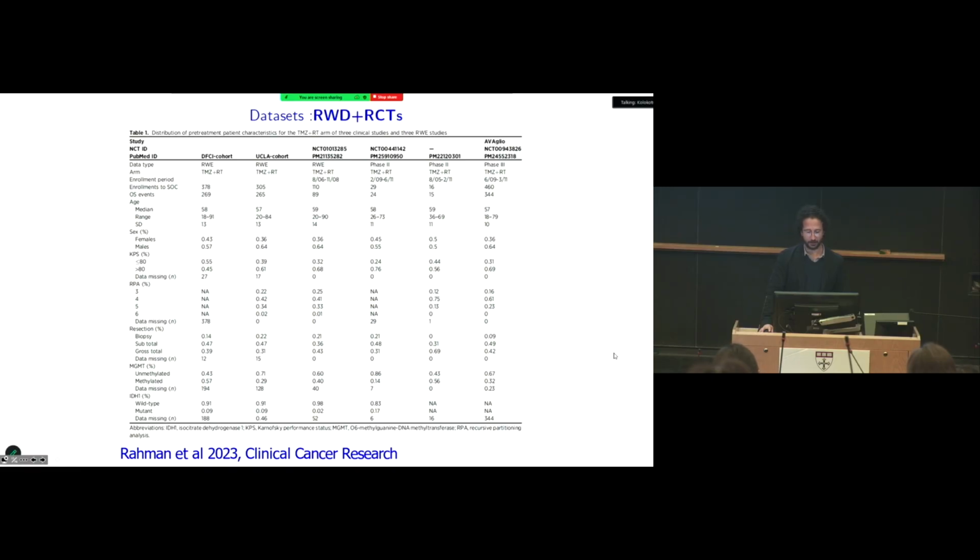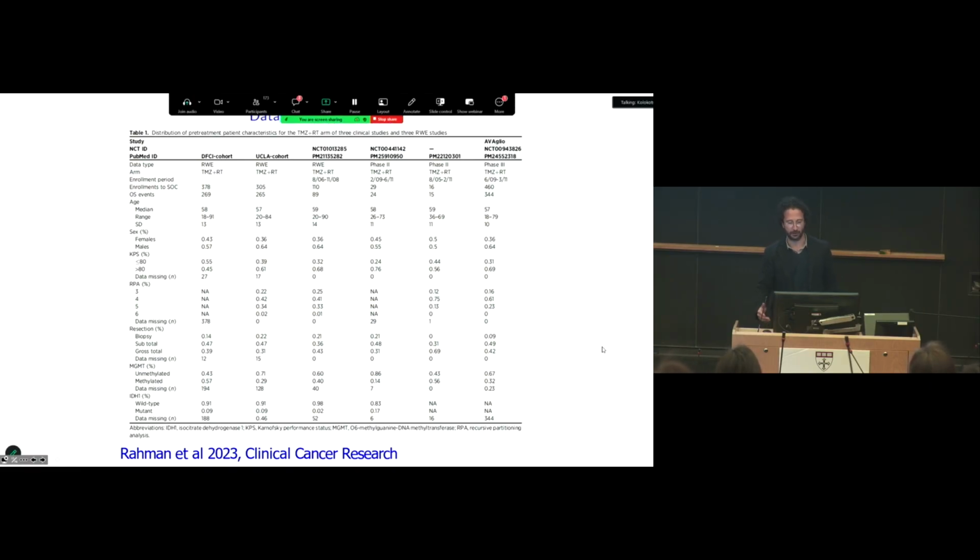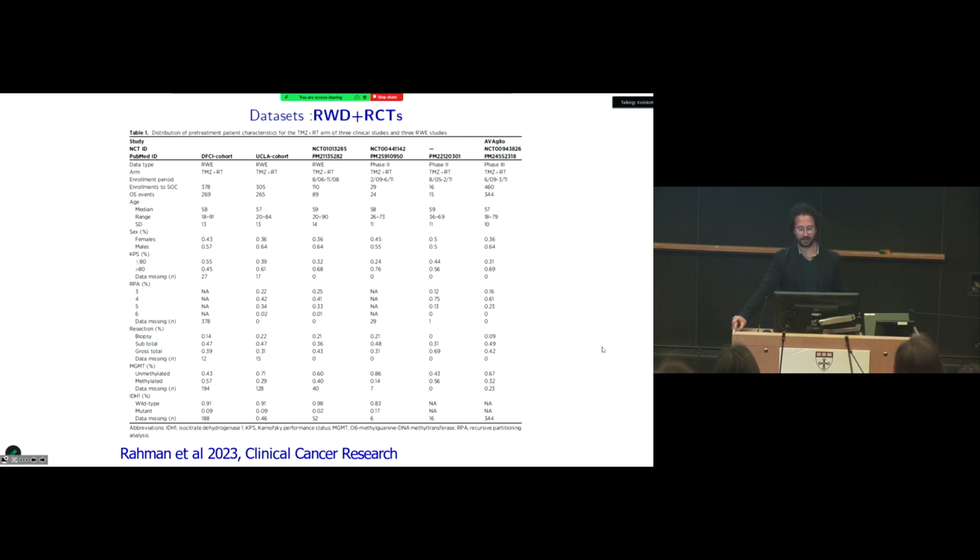And so this is the data collection that we have been working with in the last few years. And we allow other research groups in glioblastoma to use it. And we offer support to analyze their single-arm clinical trials. It includes several studies.